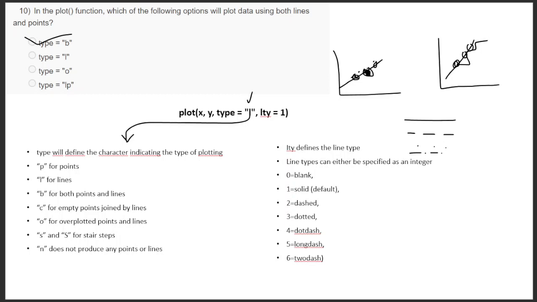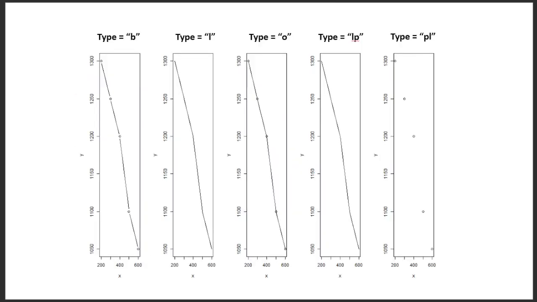I have plotted certain values here. You can see type b means it has both line and points, and you can see a discontinuation in the line. You can compare b and o: the point is drawn over the line, so that is the difference between b and o. l means simply the line.